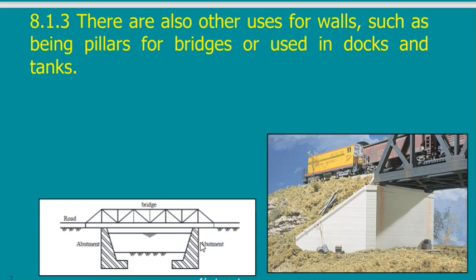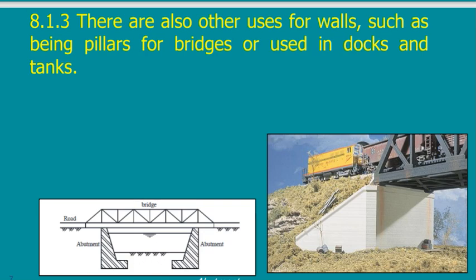Abutment is the first support of the bridge, and the abutment on the other side is the last support of the bridge. In between, you may find other supports, and we call them piers. So for any bridge, you will have an abutment at one side and an abutment at the other side, and in between, if you have very big spans, then you may add piers.